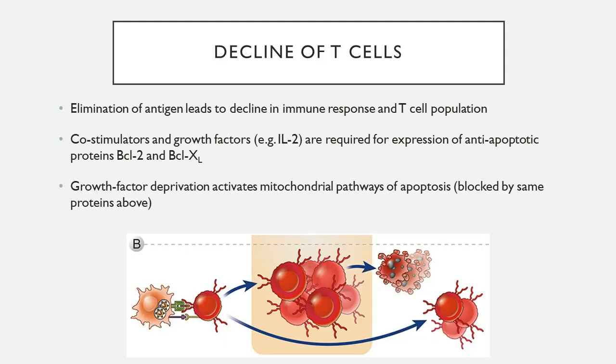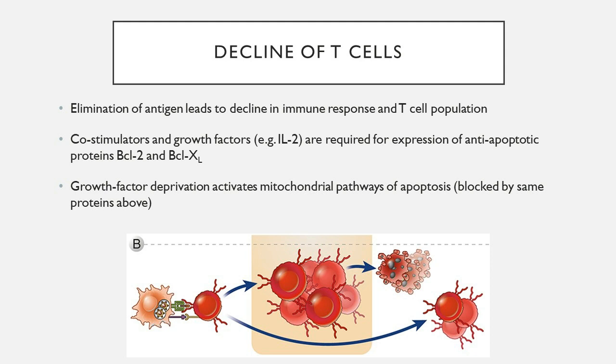Now going back to effector T cells and the end of an infectious cycle, which is the decline of the T cell population. Elimination of the antigen is really what leads to the decline of the immune response and the T cell population, which makes sense, right? As I said before, T lymphocytes require antigen stimulation in order to survive.